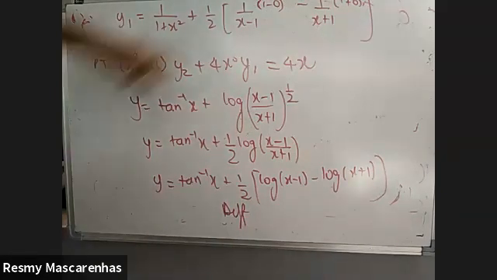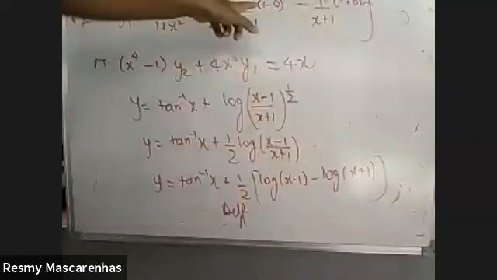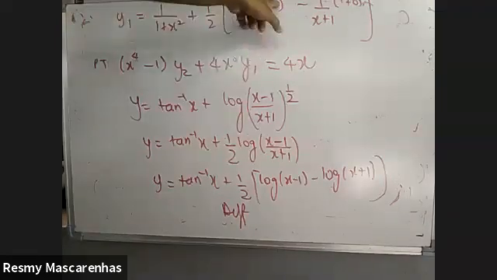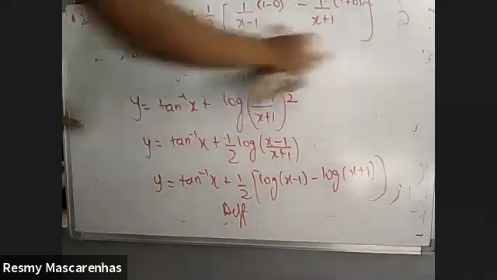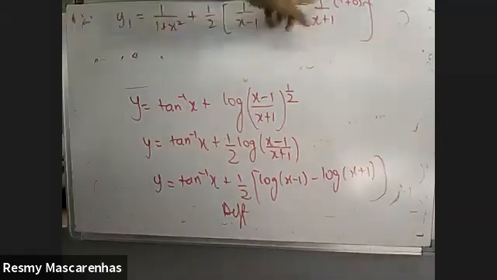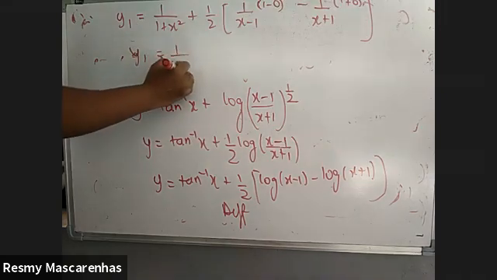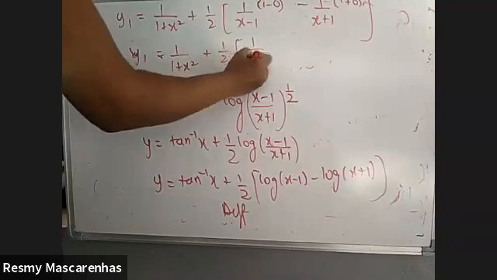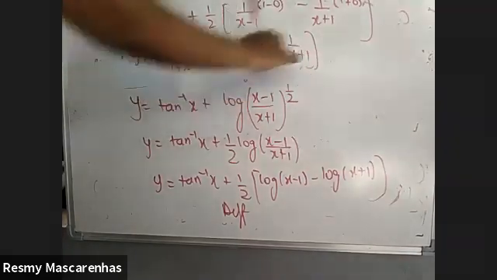I just want to tell those who don't know what we normally do: log of something is 1 upon that into the derivative of that. So derivative of this is 1, derivative of 1 will be 0. And then cross multiply. Okay, so it will be like this. Now cross multiply.